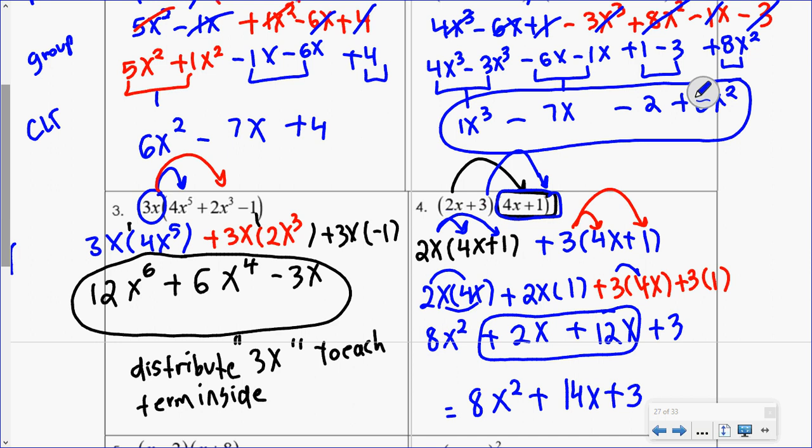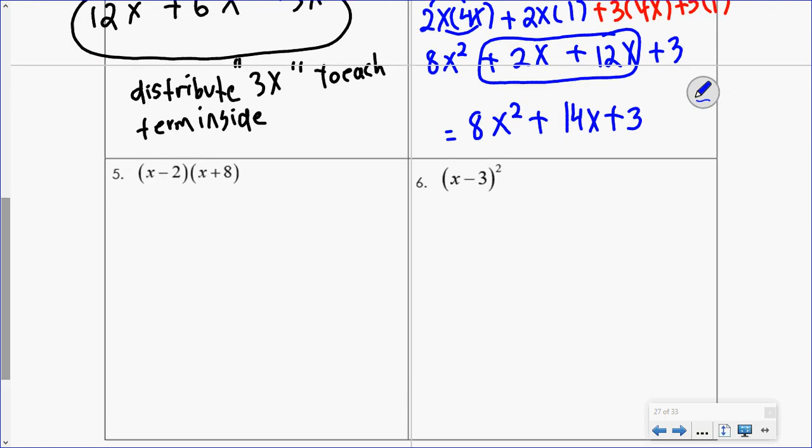Next problem. Same thing. x times the second expression. So x times x plus 8. Minus 2 times x plus 8.